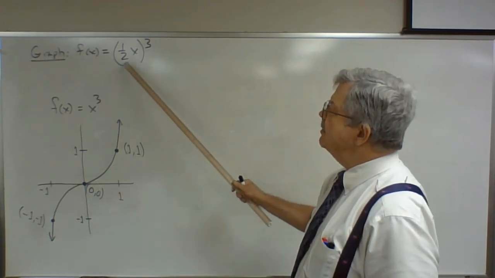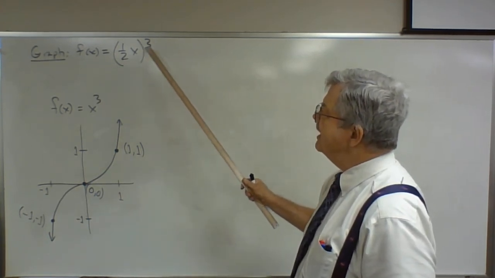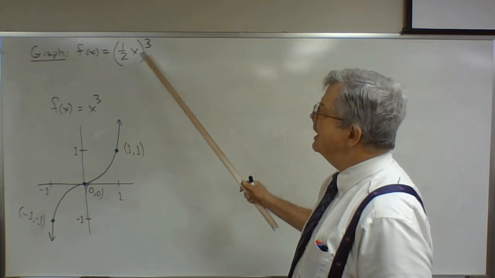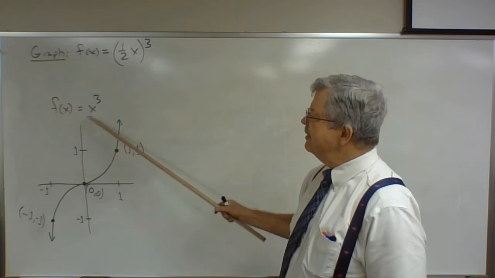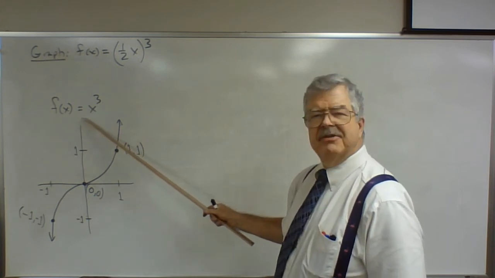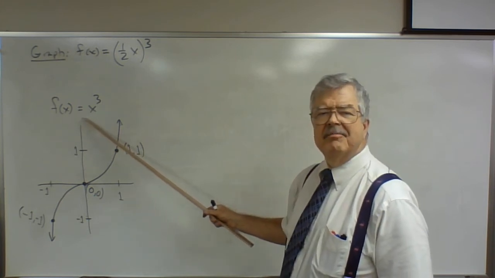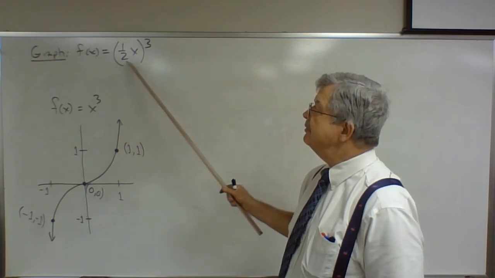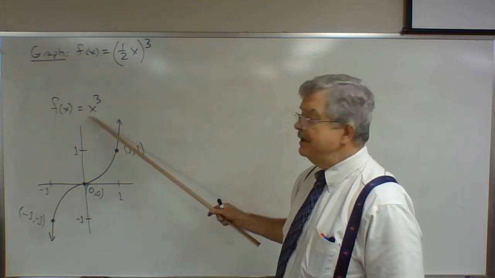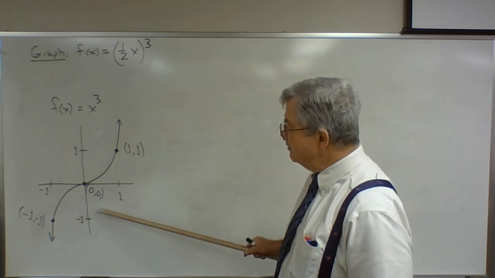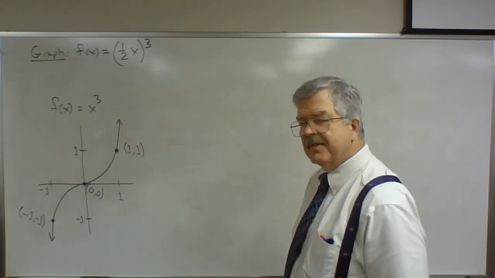f of x equals 1/2 x quantity cubed. To graph this, we refer to the basic function in our repertoire of basic functions that most closely resembles this. And that's f of x equals x cubed. Here's what the graph looks like.